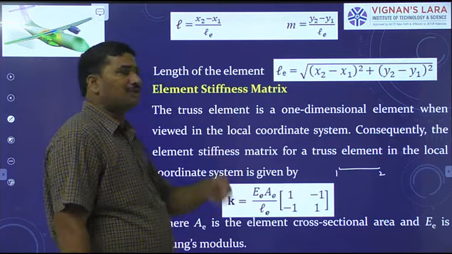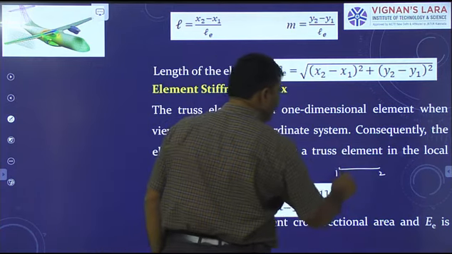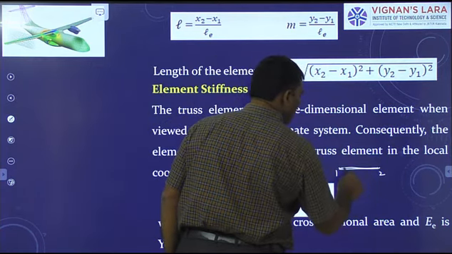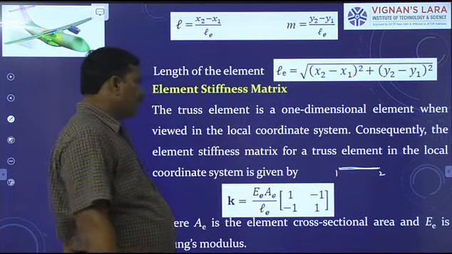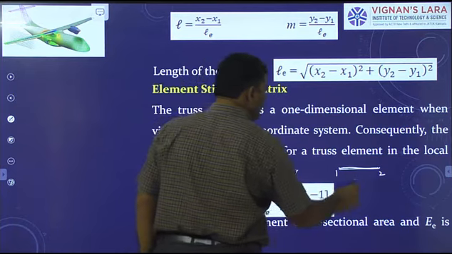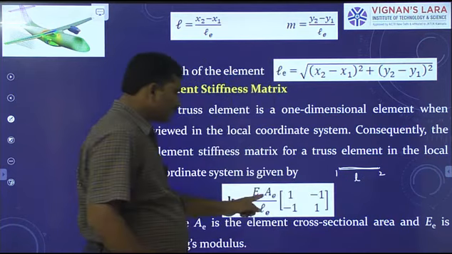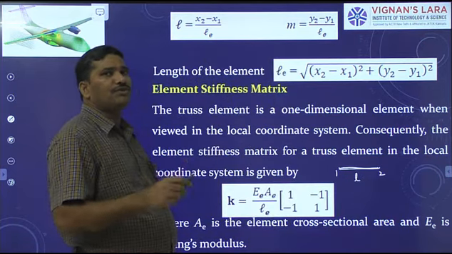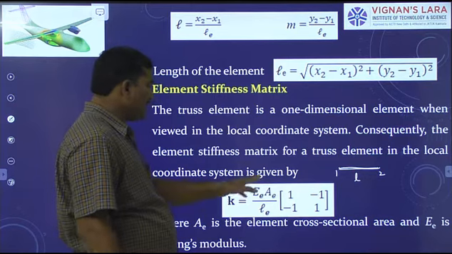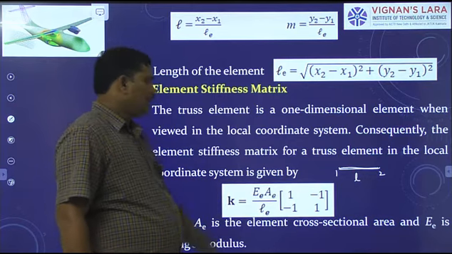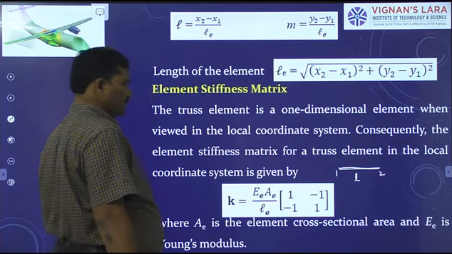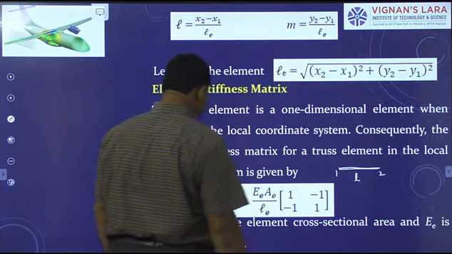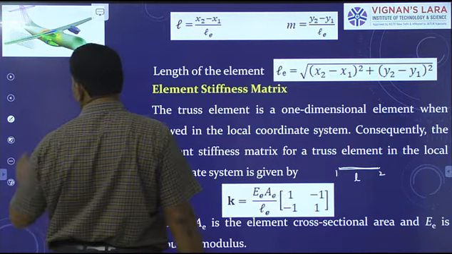E is the Young's modulus. A is the cross-sectional area of the element, right? It is an element of uniform cross-section. And L is the length of the element. Here the subscript e is used for element. So Ke equals Ae Ee by LE into a 2 by 2 matrix with elements 1, minus 1, minus 1, plus 1.